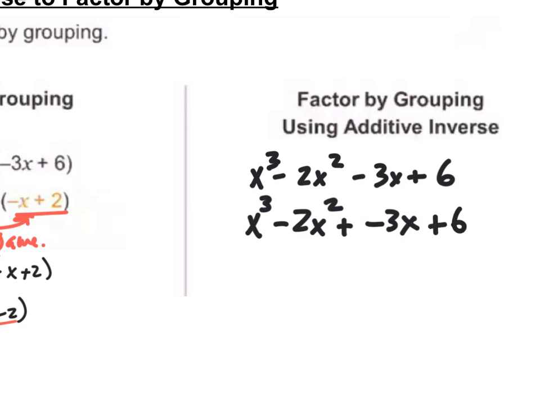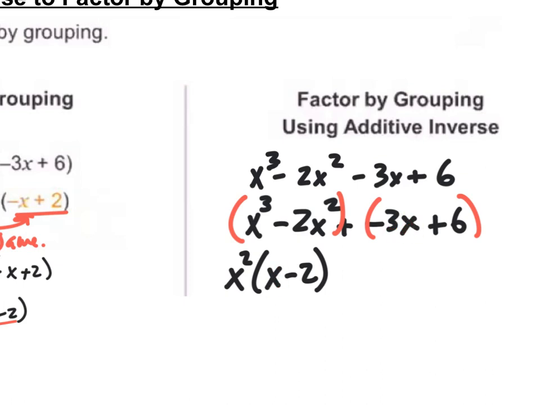So then I can group each of these, and that keeps that plus sign there. It kind of helps me out. What I can do here is factor out an x squared, which leaves me with x minus 2. Now you have to think about it: if I just factored out a 3, this part's going to be negative, and that can't be negative.